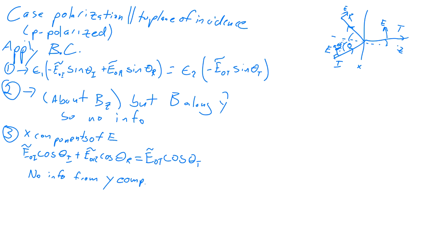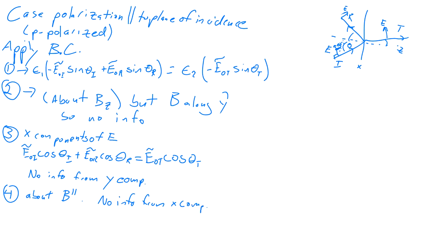All right, so then we can move on to the fourth boundary condition, which was about the parallel components of B. So no info from the X components because we only have Y components.